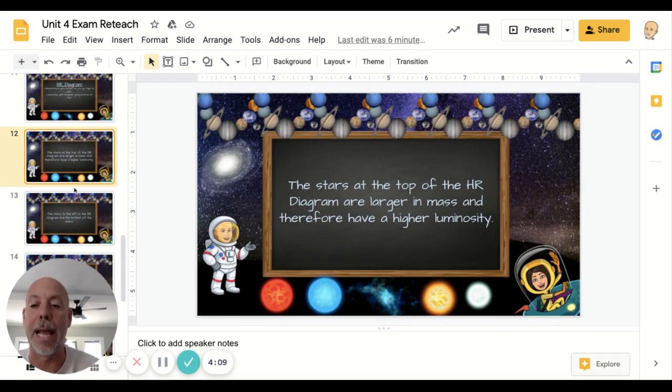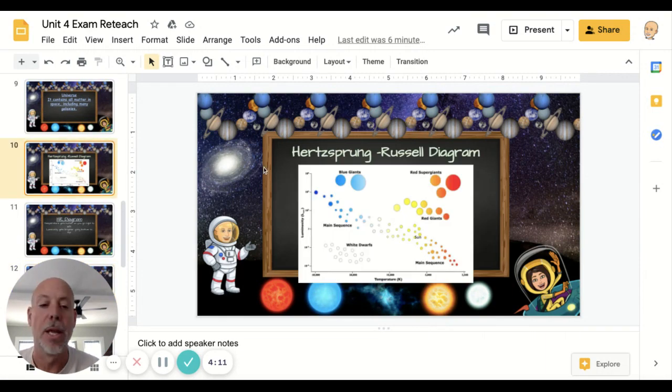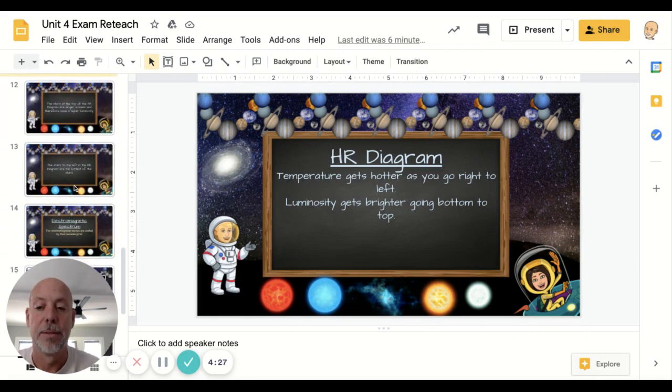If you look at the HR diagram, you'll see the blue giants and the red supergiants, the largest of our stars, at the very top, which means they are the brightest. It's because they have the largest mass.